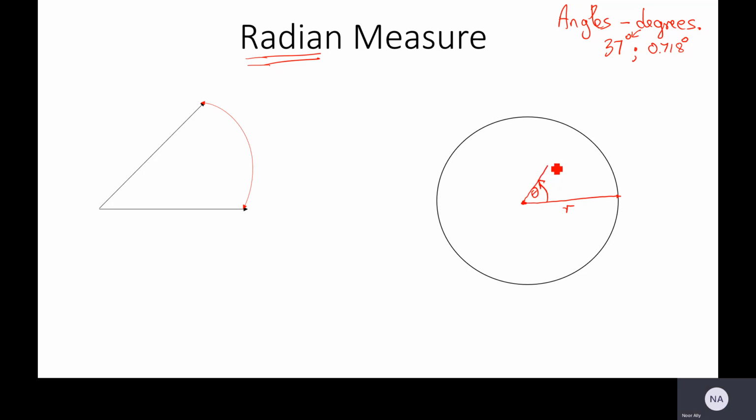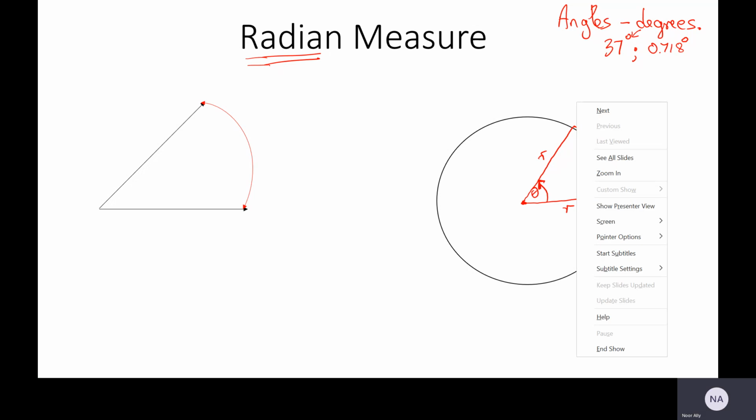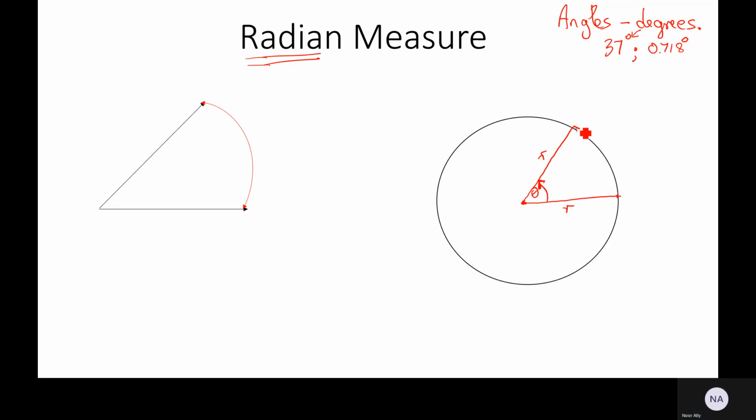And at the end of that angle, I can draw another radius. But that angle will affect this particular length of the circumference of the circle. That over there. It's going to affect that length.